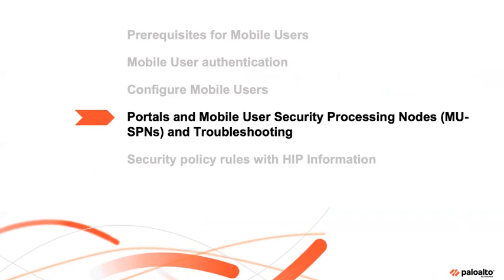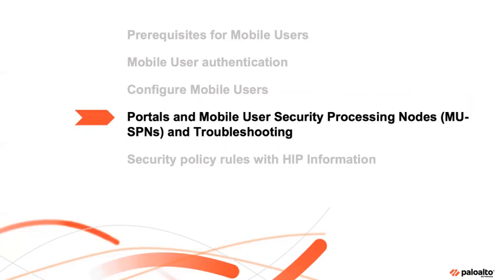The mobile user solution uses the idea of portals and MU, or mobile user SPNs, security processing nodes. Security processing nodes are called security processing nodes because they do the security processing.